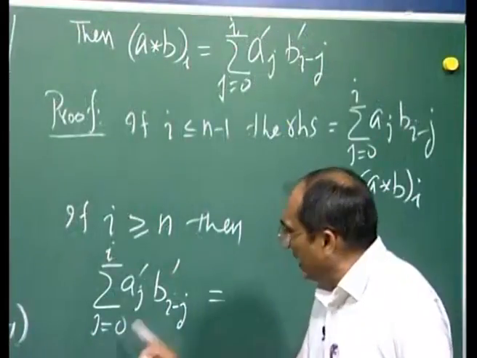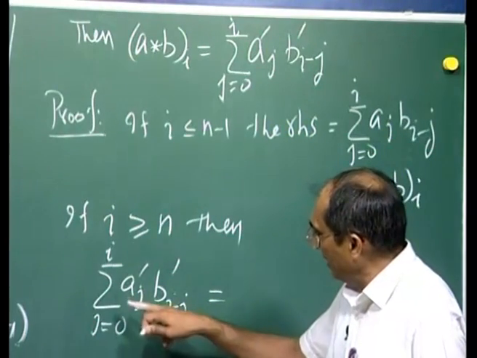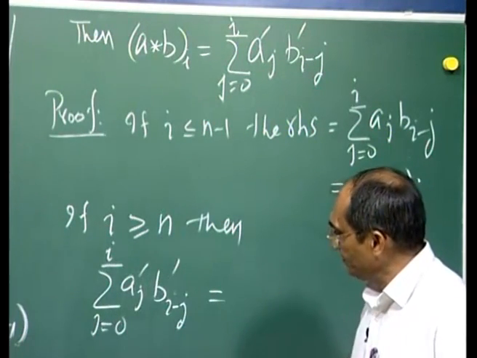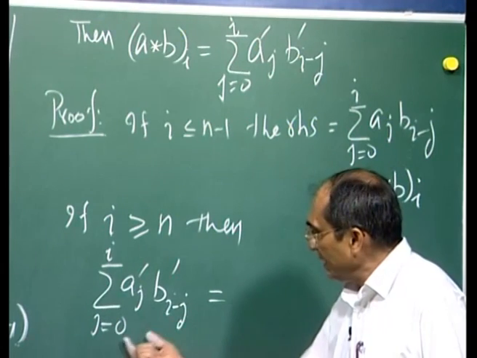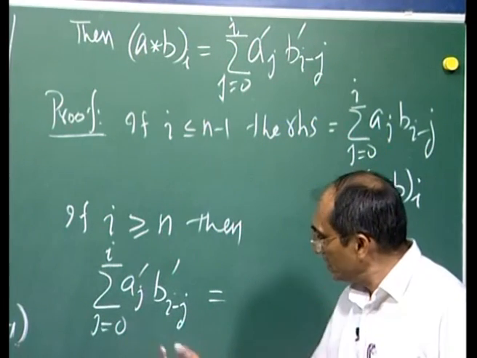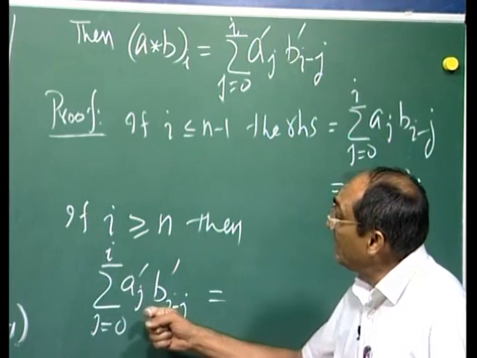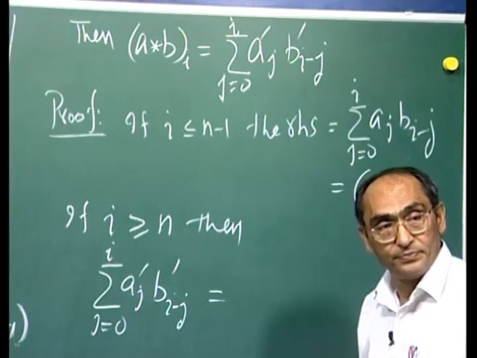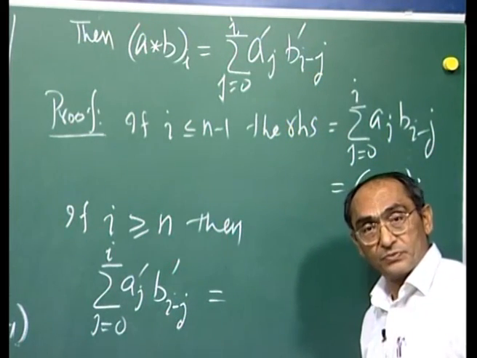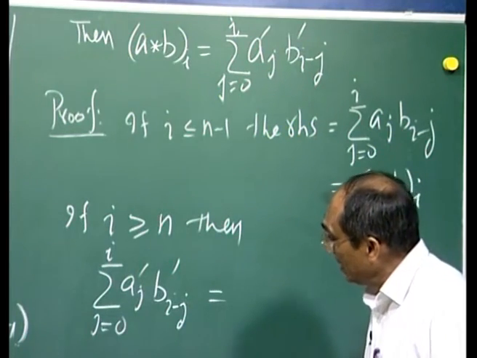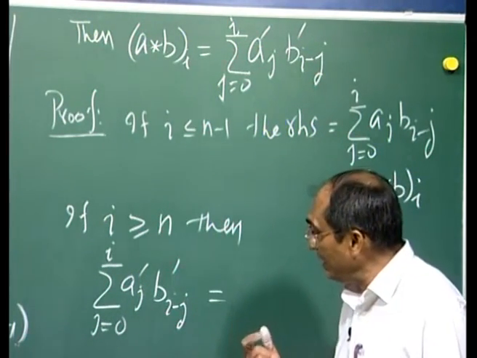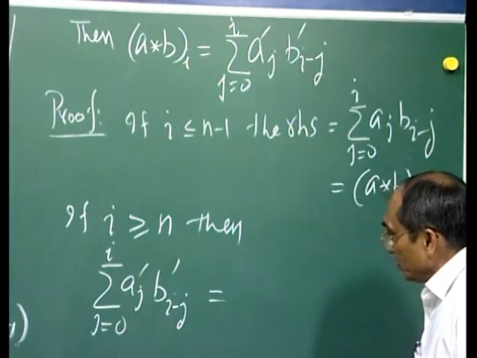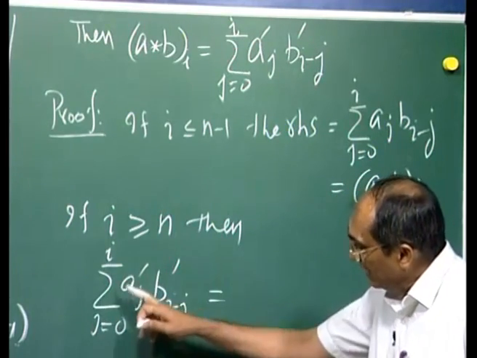So, if i is n and j is 0, then we will have A prime 0, B prime n, which is 0, will not contribute anything. And this will go on until both the indices are within n minus 1. So, we will drop those terms which have contributed nothing.